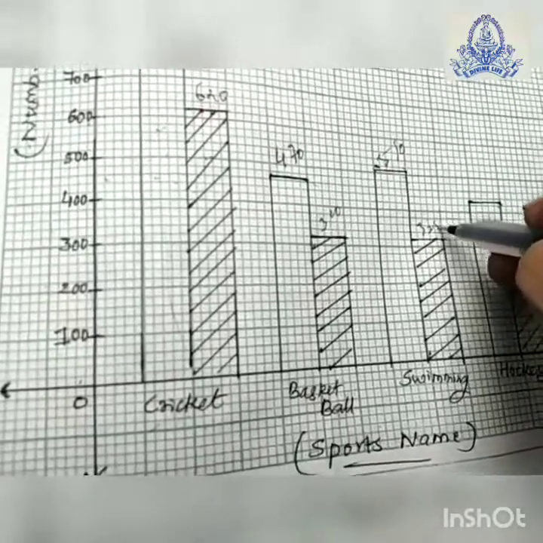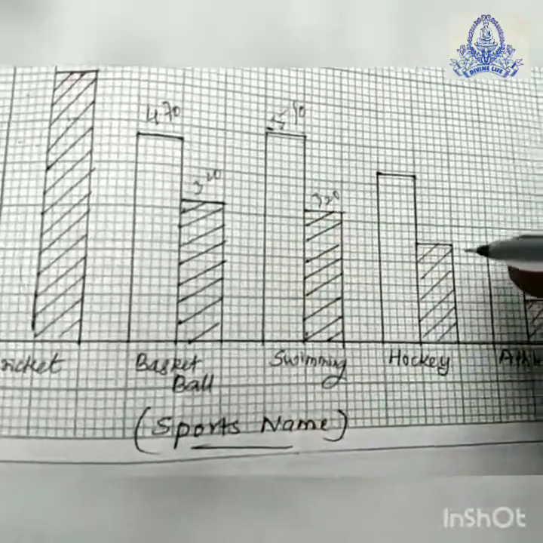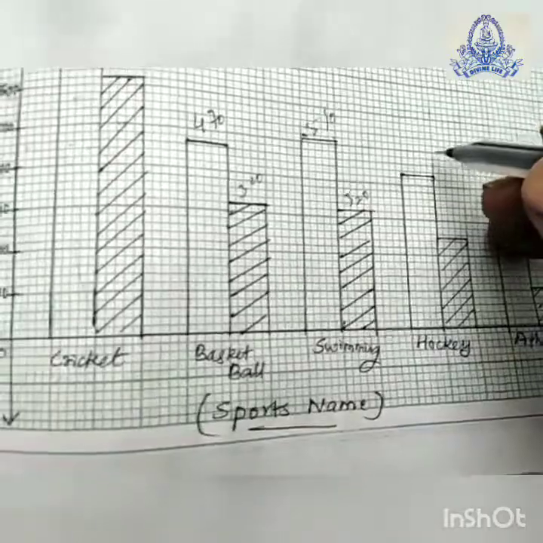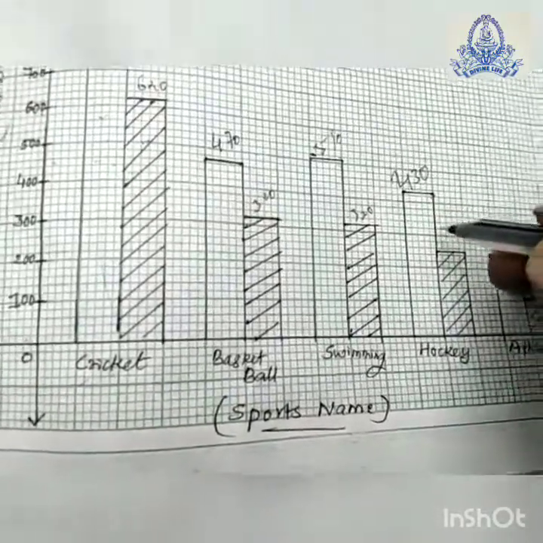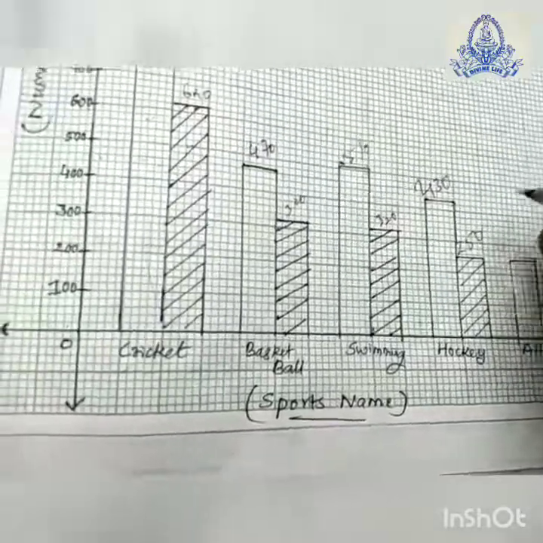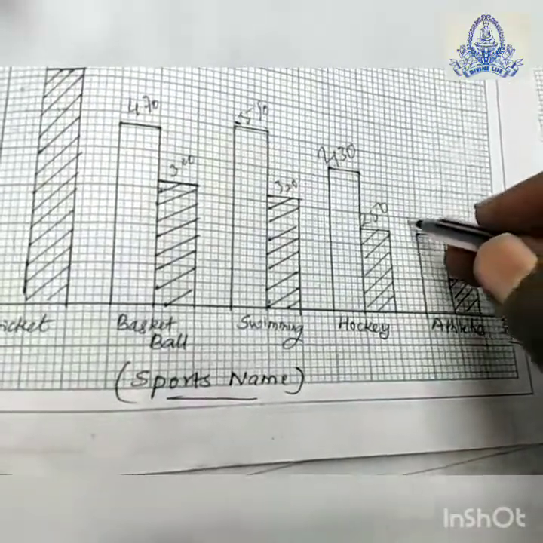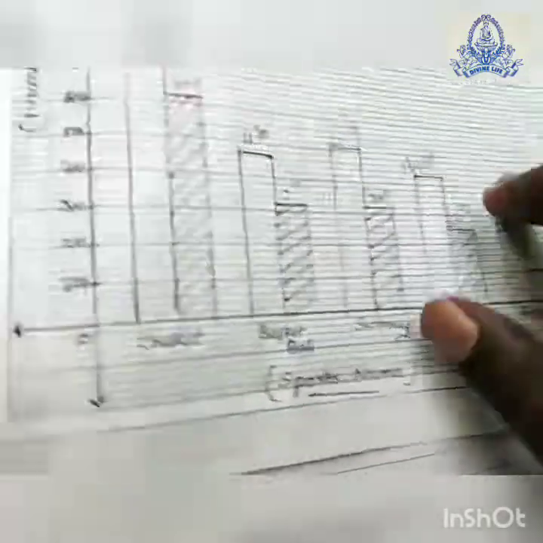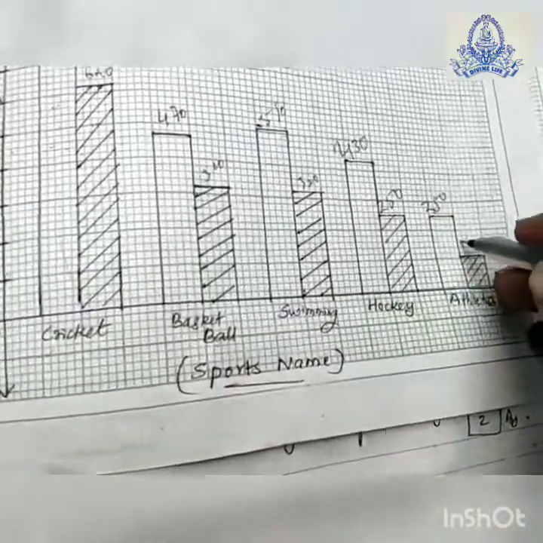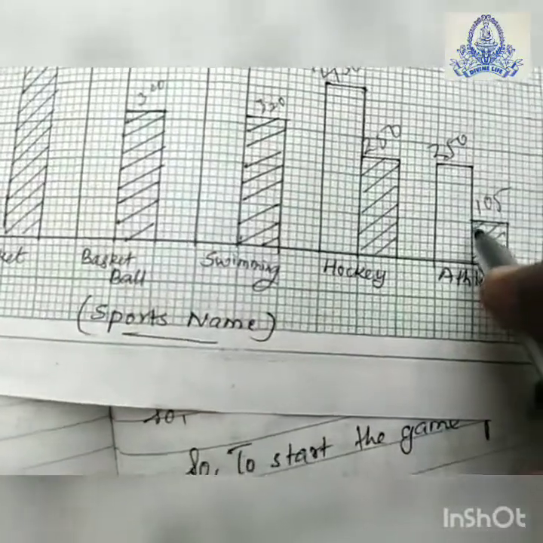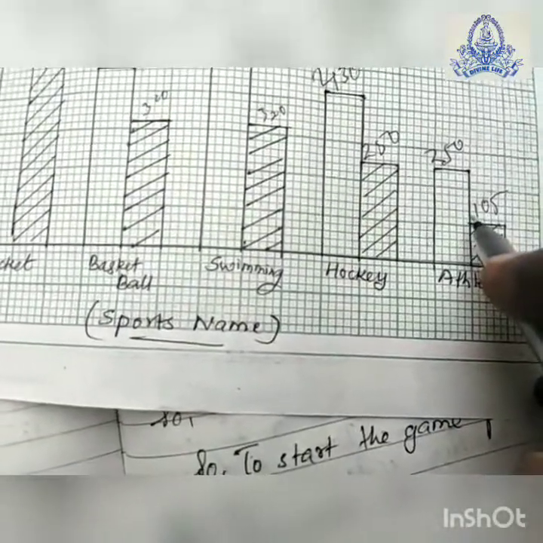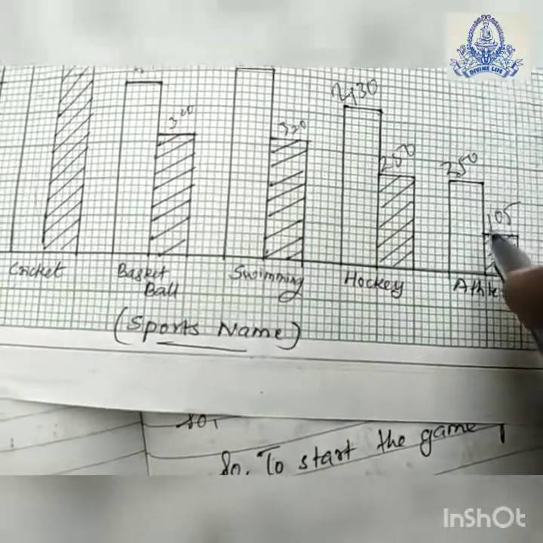Next is hockey. We have 430 people who like to watch, and playing is 250. Same way athletics is 250 people who like to watch, and playing is 105. So we will take 105 as nearby 100, above the 100 line.